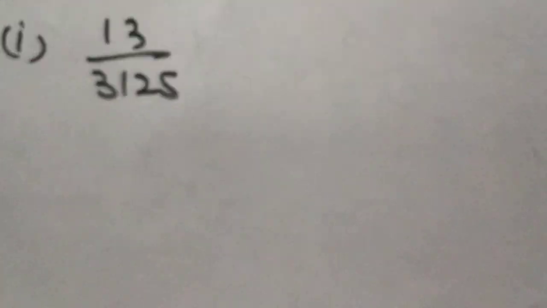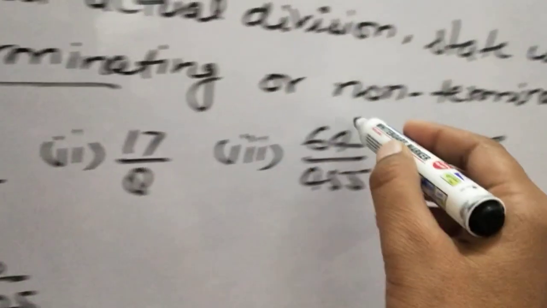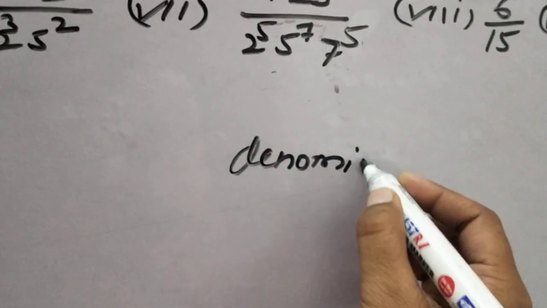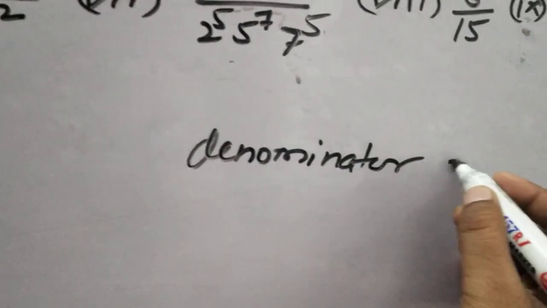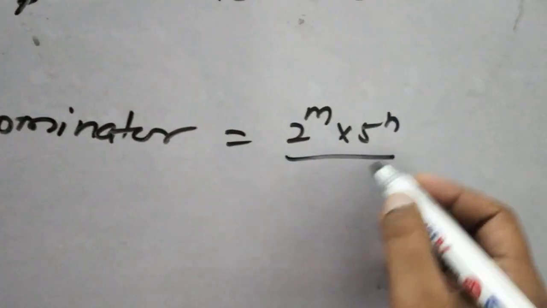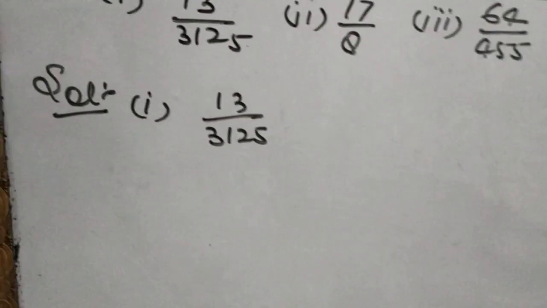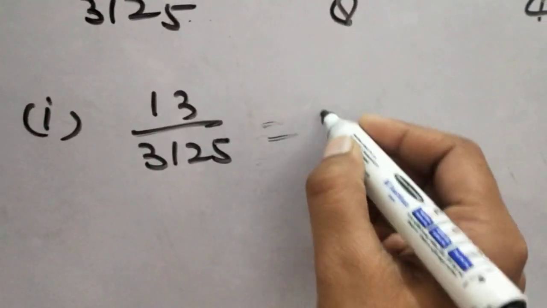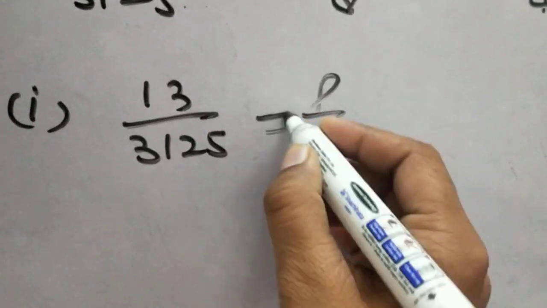So students, first, terminating or non-terminating. Suppose any fraction has a denominator in the form of 2 to power m into 5 power n. Now you write 13 upon 3125 equal to p upon q.